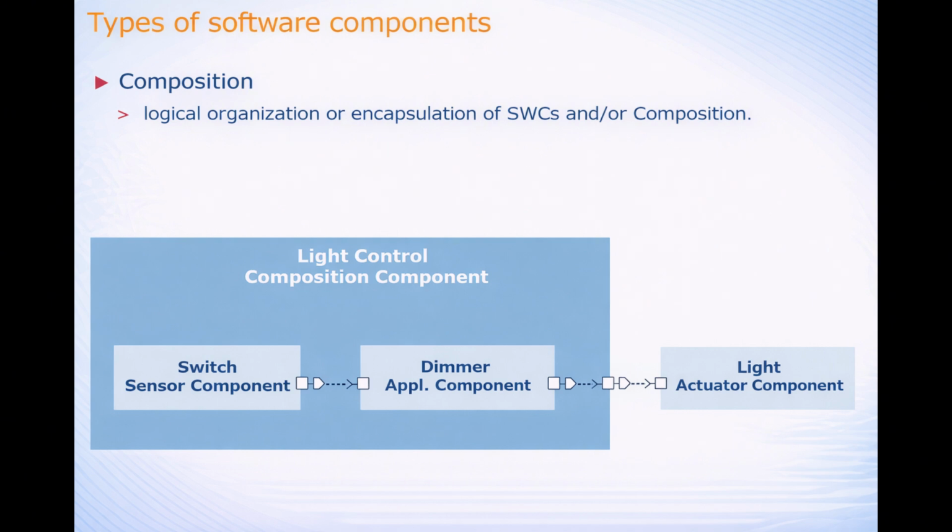So if we export this composition and import it into another configuration, the connections between those software components will remain, and to the outside world, it will look like you have a software component with a single output port and not with all this stuff inside. Of course, you can look inside, but it's not necessary to fully understand the functionality.